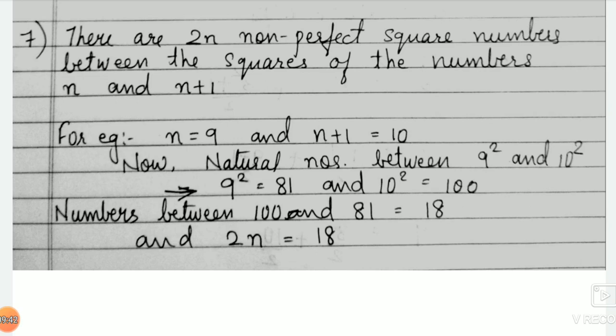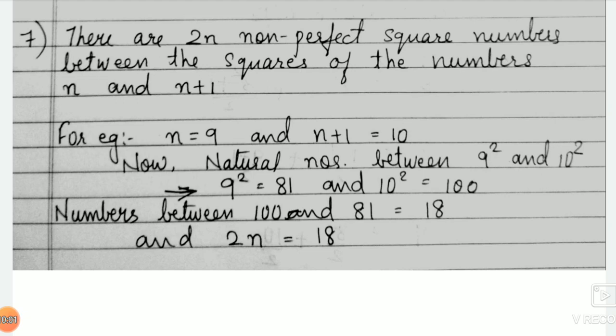The square of 9 is 81 and the square of 10 is 100. Numbers lying between 81 and 100, if we count them, we get 18 numbers. Right, 18 natural numbers lie between 100 and 81.